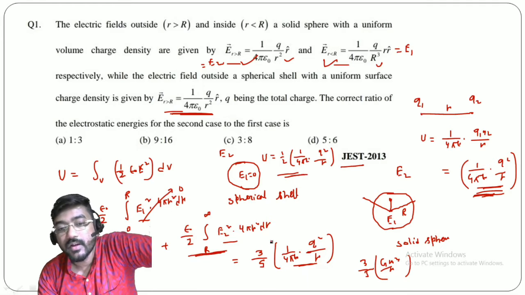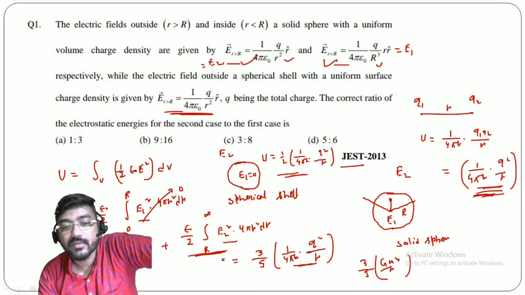Okay, so let me take this as u1. First the solid sphere is given, and we need the ratio for the second case to the first, so this is u1 and this is u2. So you have to find u2 upon u1.